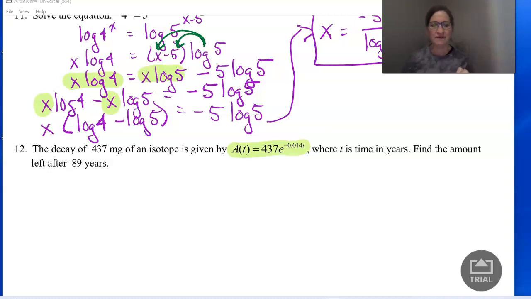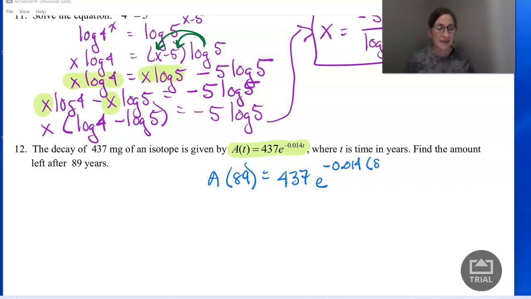This is actually very straightforward. All we're going to do is substitute 89 in for T. So we're looking for the amount left after 89 years. So I take 437 e to the negative 0.014 times 89.